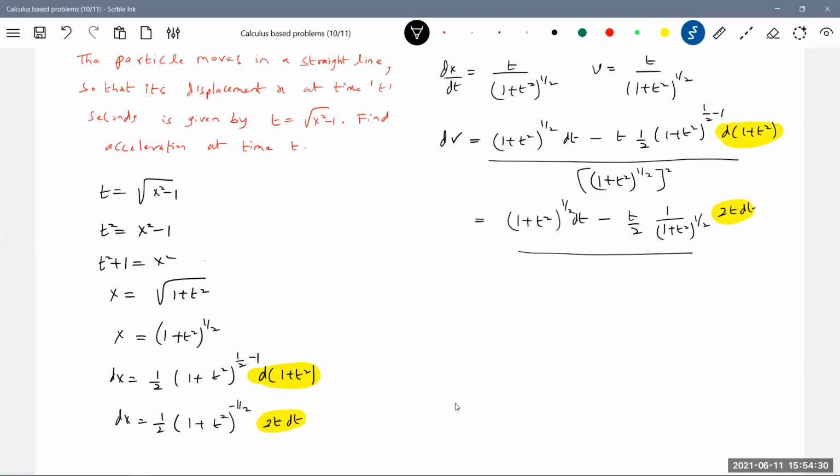So this will end up with only 1 plus t square. This 1 by 2 and this 2 will cancel out. So dv by dt is equal to minus t by 2, the 2 gets cancelled, so t square.